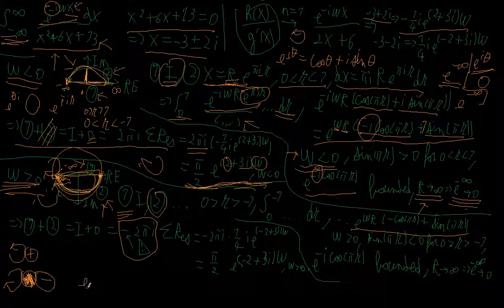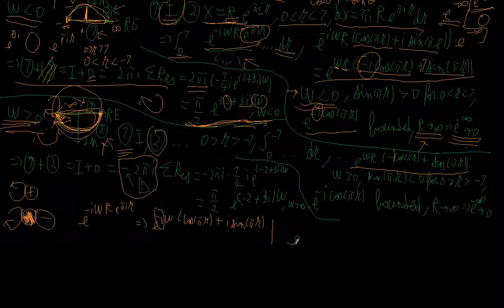At first you should get e to the minus i omega r e to the pi i t, and then you get e to the minus i omega r times cosine pi t plus i sine pi t. I hope you can read it. Now you can take the minus i inside, and you will get what is written here. There should be an i here. I will rewrite it maybe.